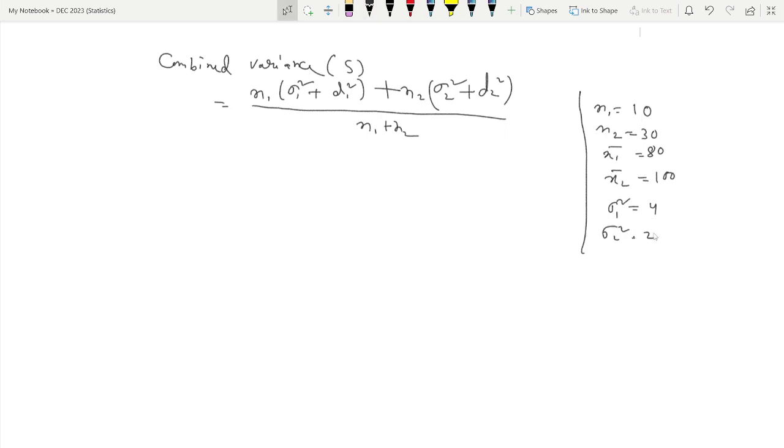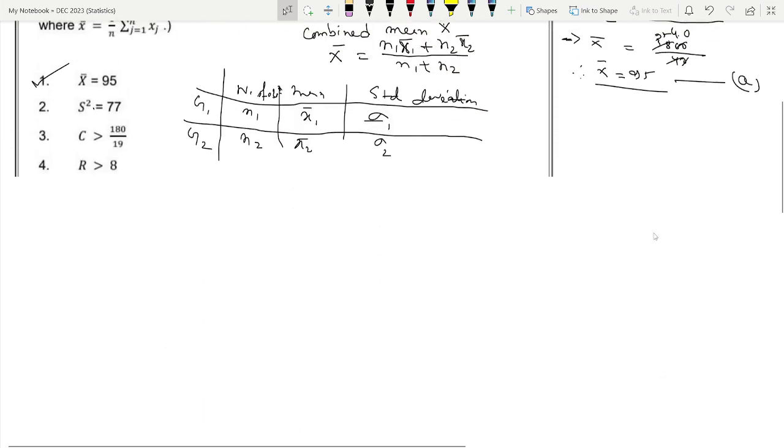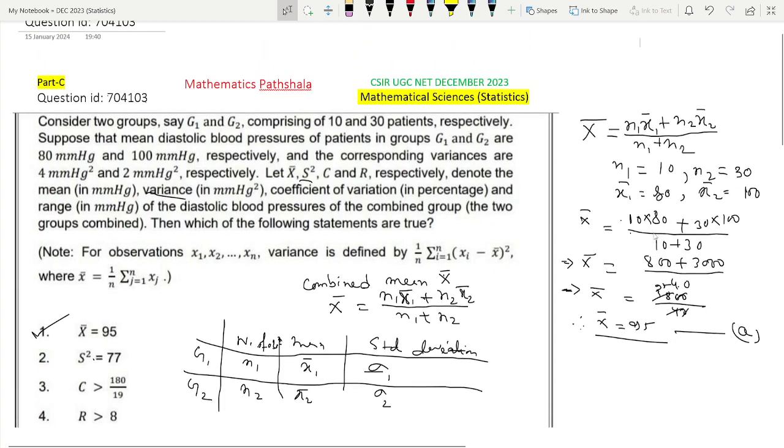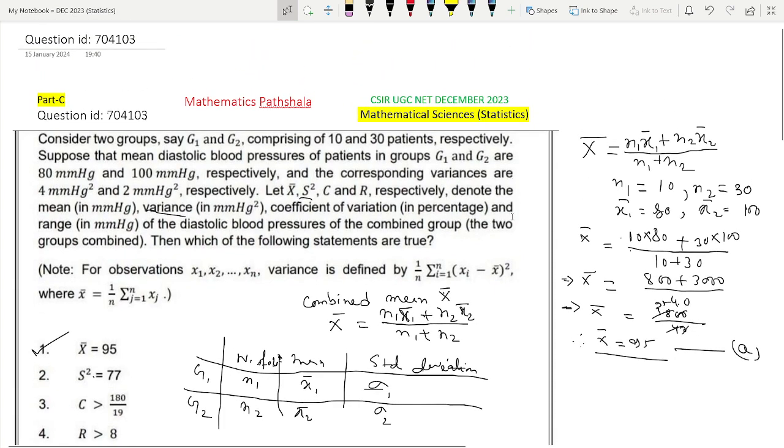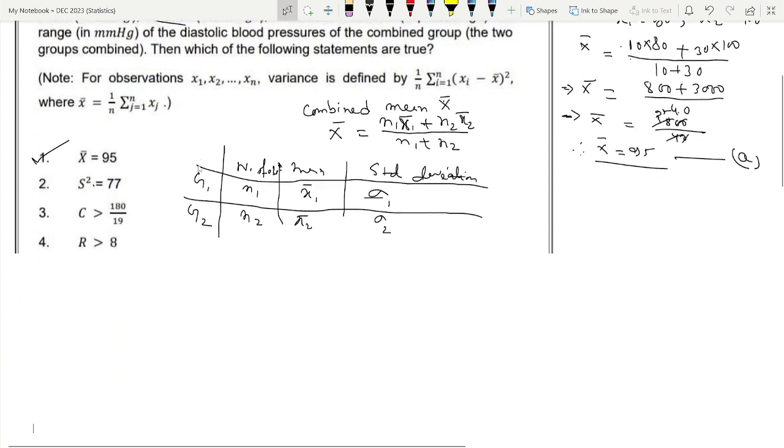Why? Because it is given in the question that the corresponding variances are 4 mmHg square and 2 mmHg square.